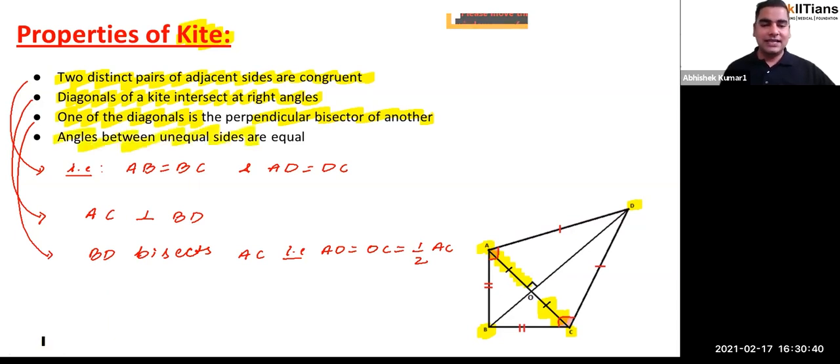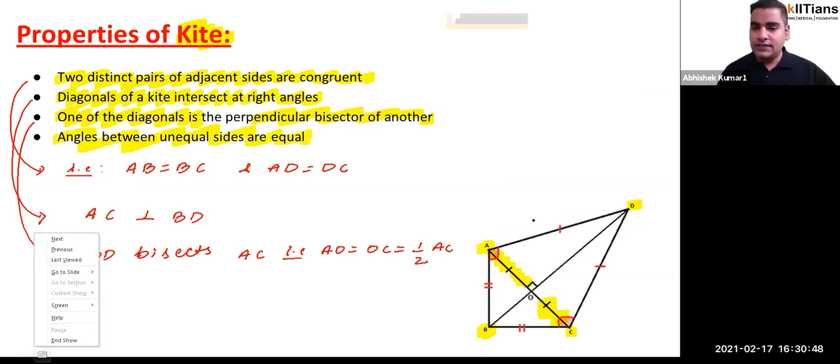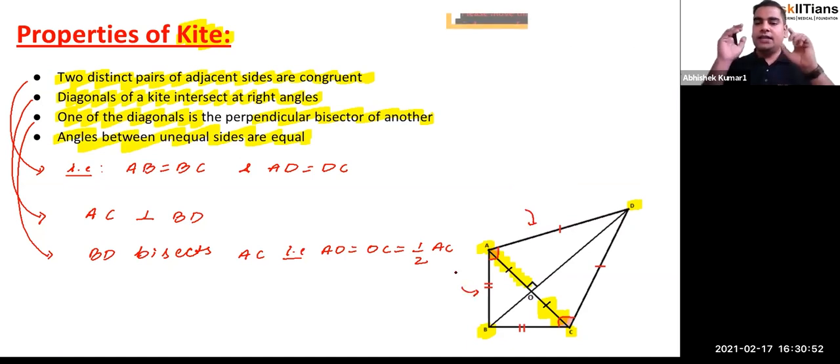What are the unequal sides we have? These two are unequal sides. One second, let me show you. This is one of the sides, AD. And if you consider this side AB, these two sides are unequal, and the angle between them is this angle, DAB. Similarly, if you consider this side DC and this side BC, then this is the angle between these two unequal sides.